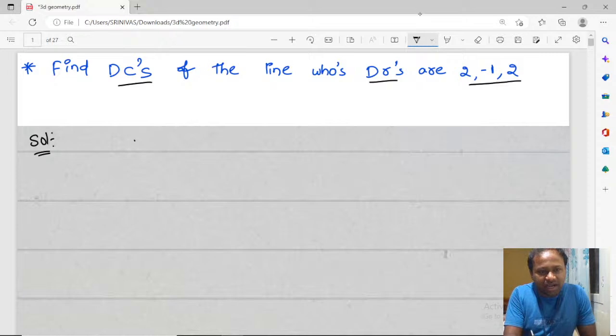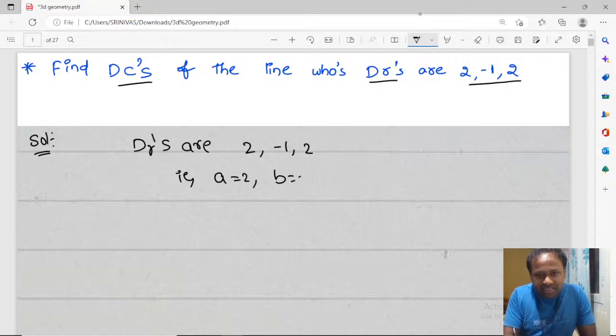Okay, so direction ratios are given. So DRs are 2, -1, 2. What is the meaning of direction ratios? a is equal to 2, b is equal to -1, c is equal to 2. Okay, so in this I need to find DCs.